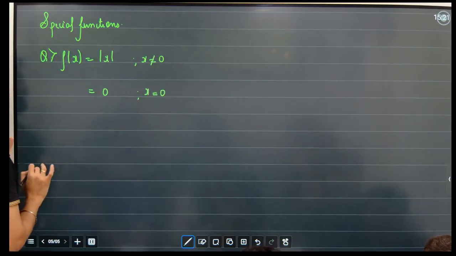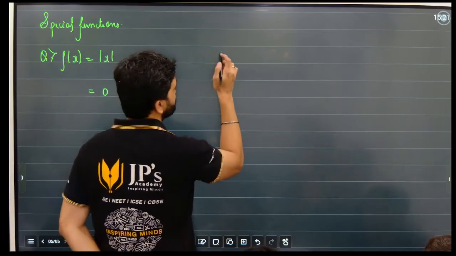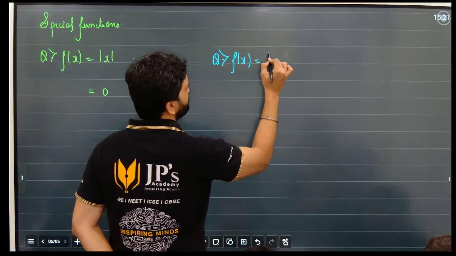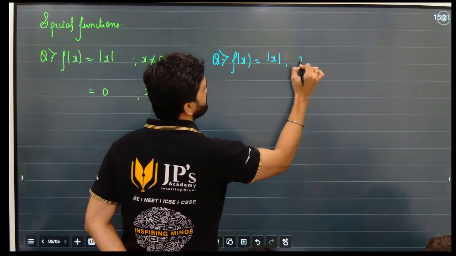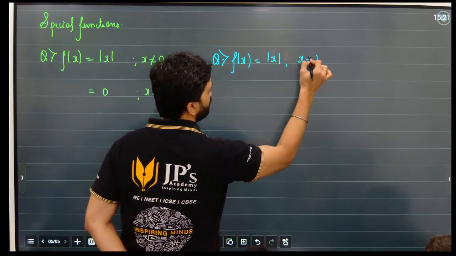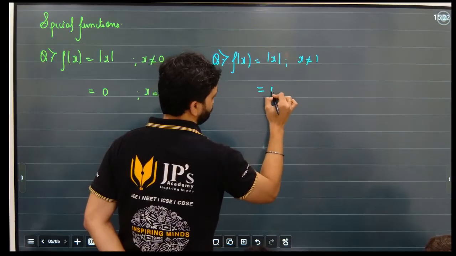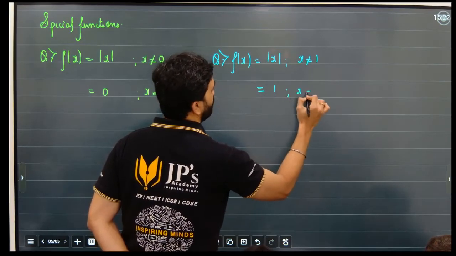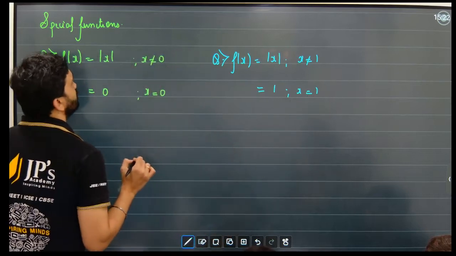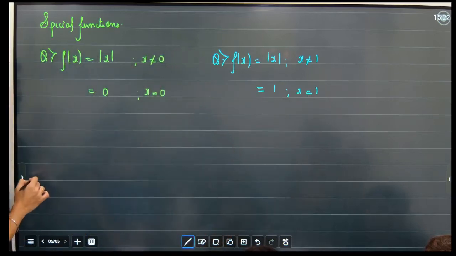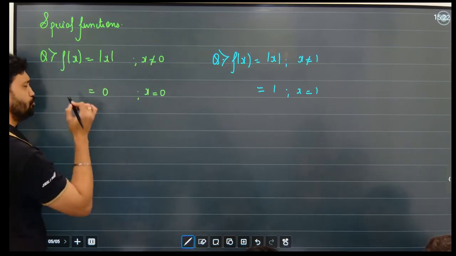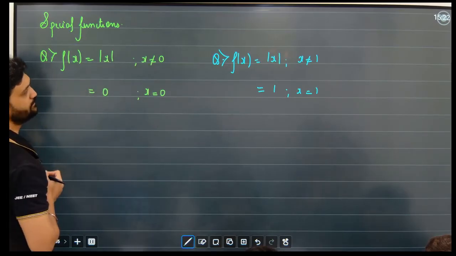Okay, and someone else tells me the next question is the same question. f of x is equal to mod x, say for example, when x is not equal to 1, and is equal to 1 where x is equal to 1. Now the problem that happens is, here at 0 the answer will be 0, whatever happens, the answer will be 0.